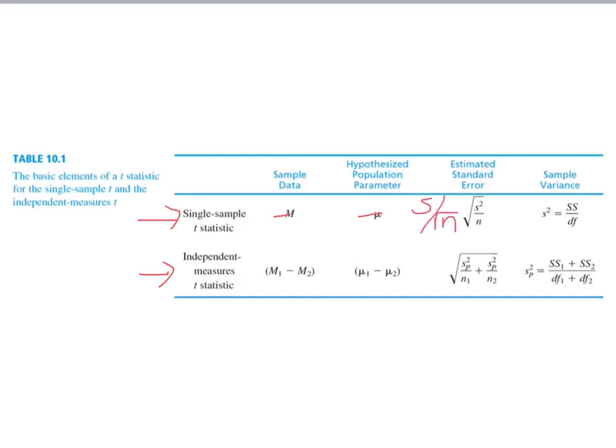Both of those symbols are equivalent. We computed our sample variance by taking the sums of squares and dividing it by n minus 1. You learned how to do that in Chapter 4. That gave us our variance. We'll bring that variance over here, and we take the square root of that variance divided by n, or we take the square root of the variance and use this formula for the standard error.